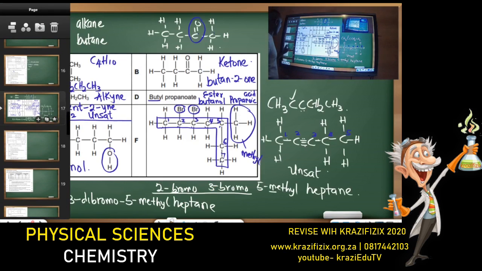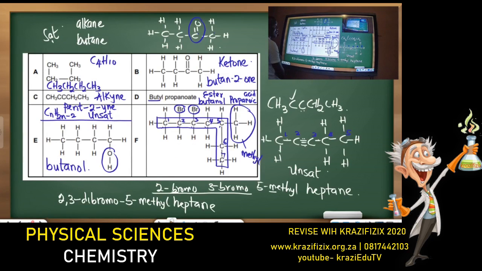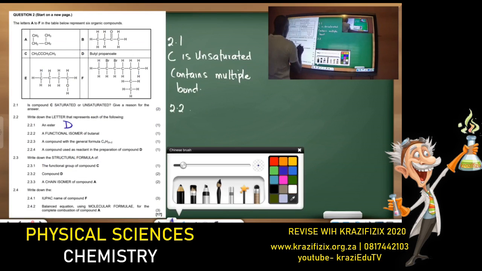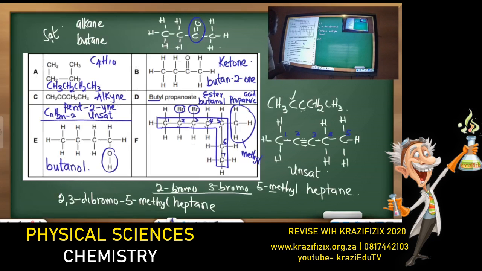Let's check. The question says, which one of the following is a functional isomer of a butanol? If it's a butanol, a functional isomer has to be a ketone. Which one is my ketone? B. A compound with a general formula CnH2n minus 2.